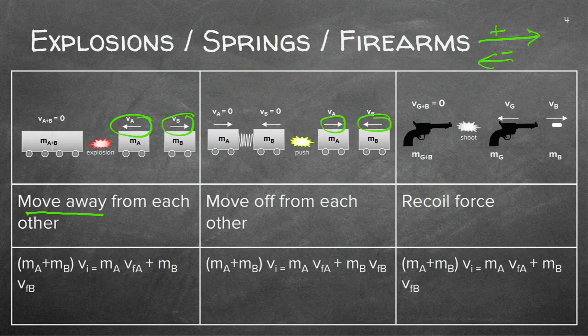The one I want to just quickly alert you to is the one where we use firearms. I've got this bullet in that rifle there, and it has no velocity. It's in your hand, it's not moving. Both of them have a mass, so it's the mass of the gun plus the bullet. Then it gets shot, so there's a force on it.